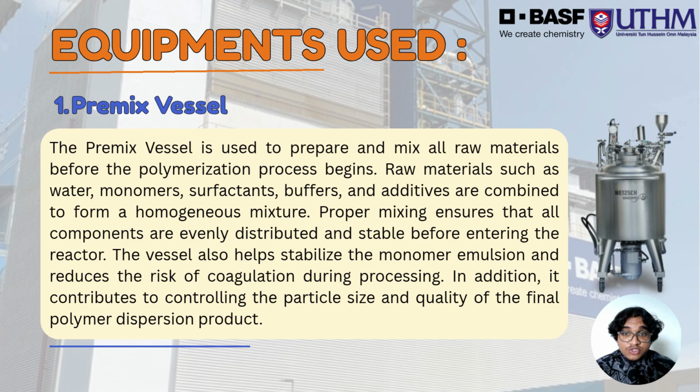Proper mixing ensures that all the components are evenly distributed and stable before entering the reactor. The vessel also helps stabilize the monomer emulsion and reduce the risk of coagulation during processing. In addition, it contributes to controlling the particle size and the quality of the final polymer dispersion product. As you can see on the right of the slide, we have an example of a premix vessel.